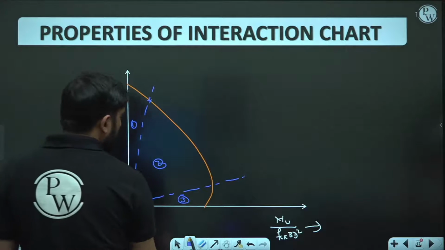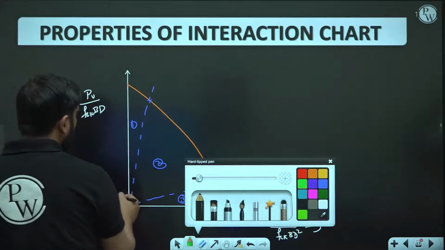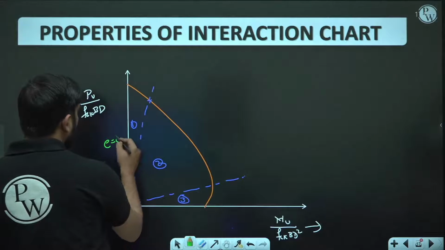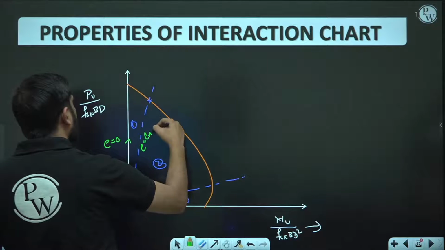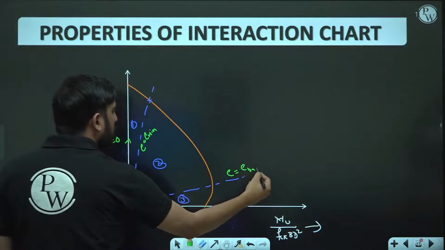There is one more variable, the eccentricity variable. Here eccentricity is 0, here eccentricity is minimum eccentricity, and here eccentricity is equal to balanced eccentricity.